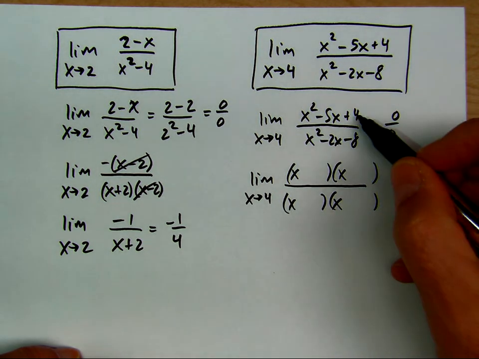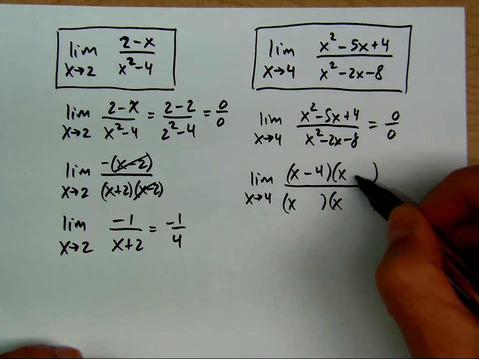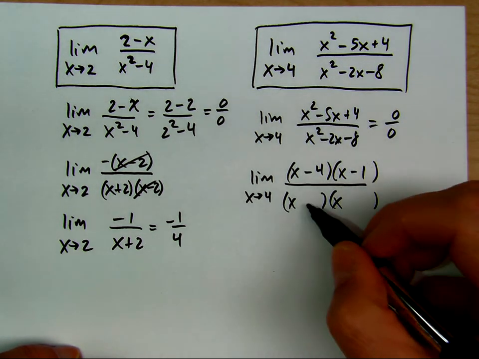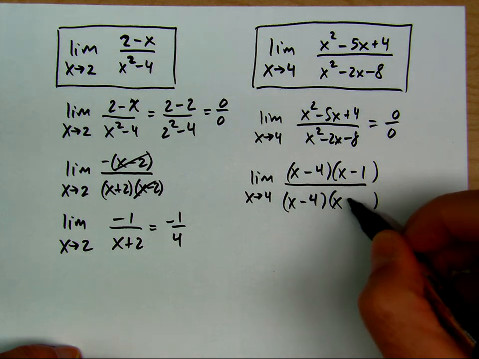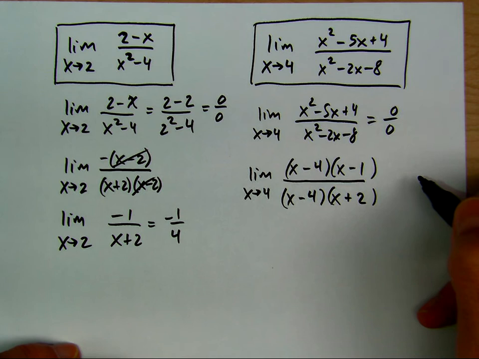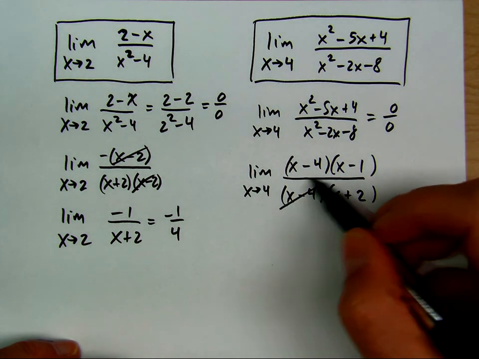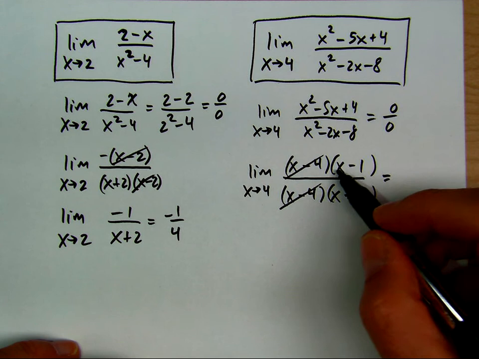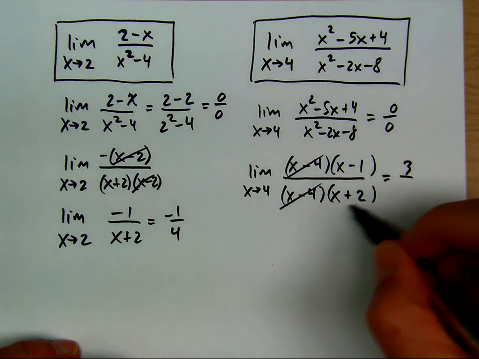And we have to multiply to get +4 and add to get -5. Here we'll have -4, +2, multiply to get -8, add to get -2, and common factor. Then we can substitute 4 minus 1 and 4 plus 2.